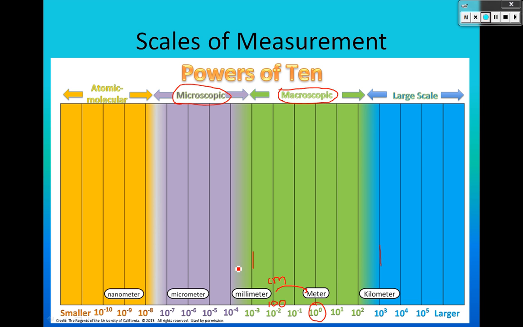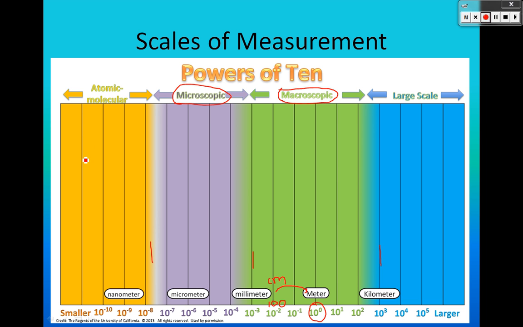So 3 chunks down, or 1/1000th of a millimeter, or 1/1,000,000th of a meter, is called a micrometer. So there are 1,000,000 micrometers in 1 meter. From here about to here, this is our microscopic scale.